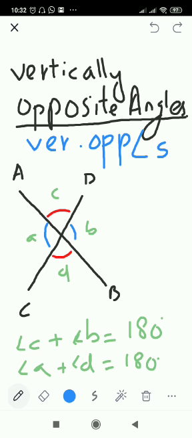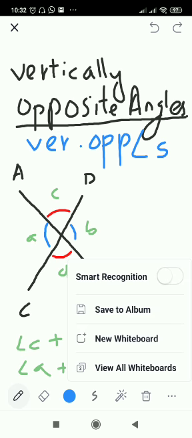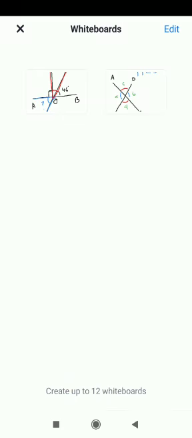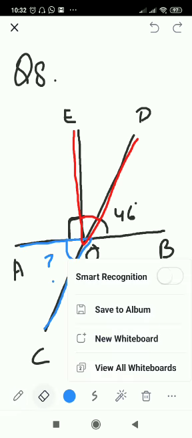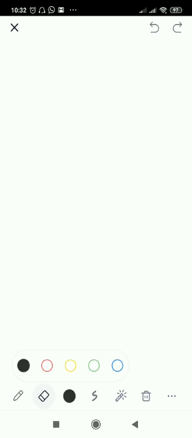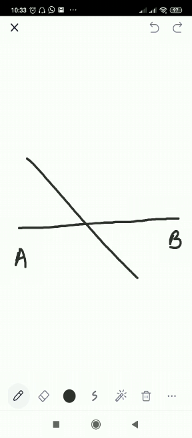Now, let me show you another example before doing this question. This is line AB, and this is line CD.